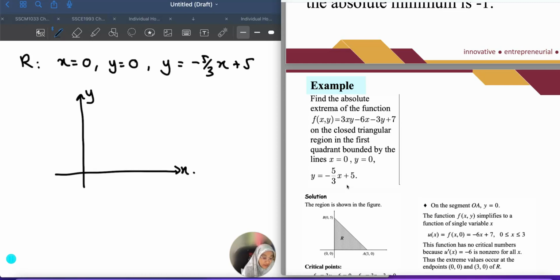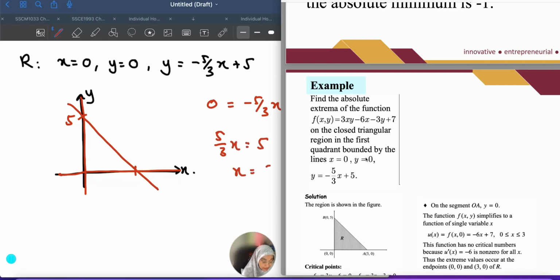Okay, so the line x equals 0 is this one, and then y equals 0 is this one, and then you have the straight line with negative slope, and this one is supposed to be 5, and for this one you set y equal to 0 in negative 5 over 3 x plus 5, so you have 5 over 3 x equal to 5, so x is 3, so this one is supposed to be 3.